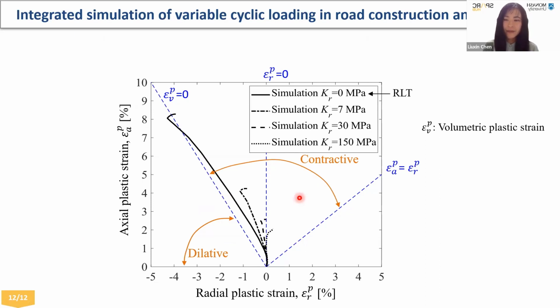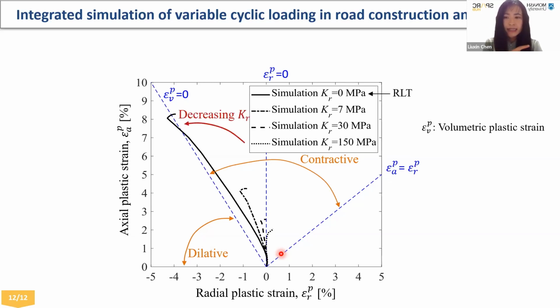Here, in the same diagram, I plotted our simulations with different KR values. Here is the KR value equal to 150 MPa, which is close to the stiffness of the tested sample. See here, it falls into this contraction zone, and the sample gets hardening and very limited radial plastic strain takes place. So it's like a one-dimensional scenario.